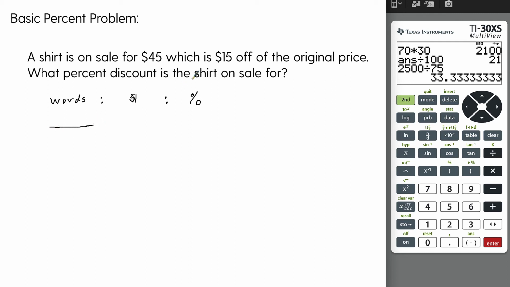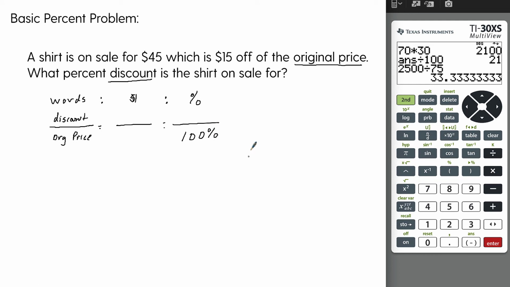In this case, what we want is what percent discount compared to the original price. So I'm going to put discount here, that's sort of the part, and then the original price is like the whole. And here's kind of our equivalent fractions or our comparisons. Here's where you always put 100%. And there's our template.